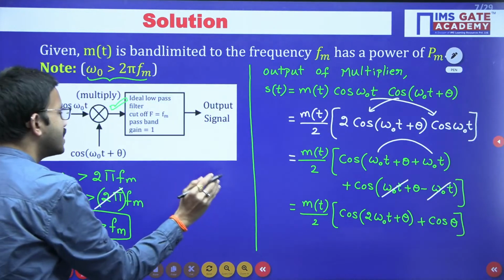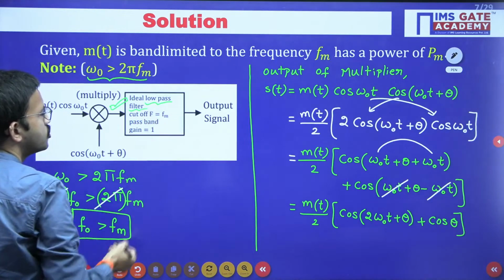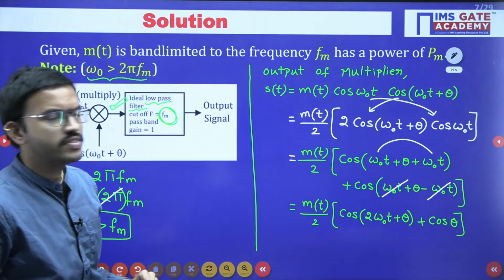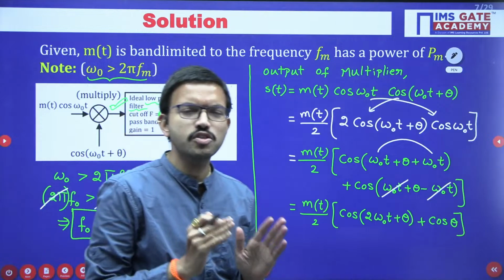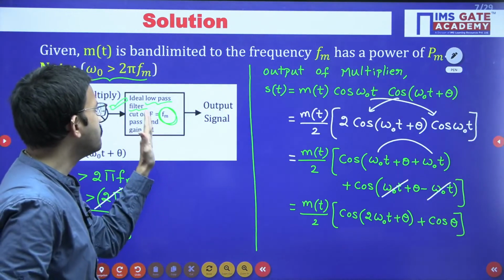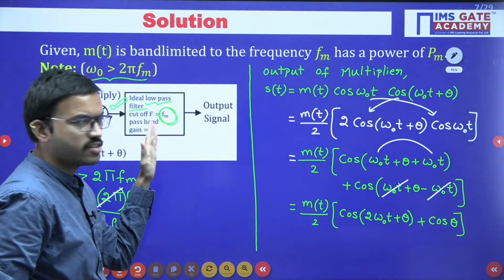Now this particular signal we are passing through a low pass filter, and it has the cutoff frequency FM. As the name implies, a low pass filter allows only low frequency signals starting from 0 up to the cutoff frequency. In this particular question, the cutoff frequency is FM.